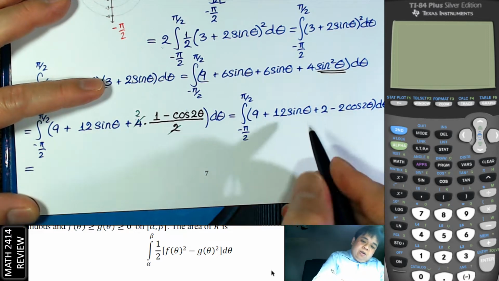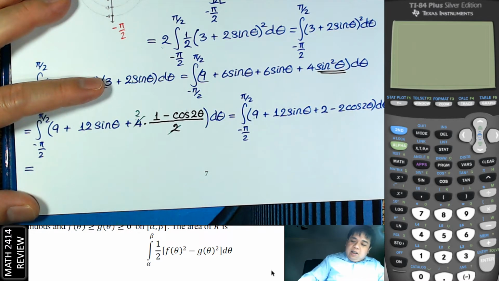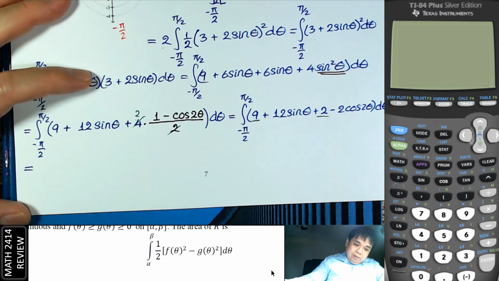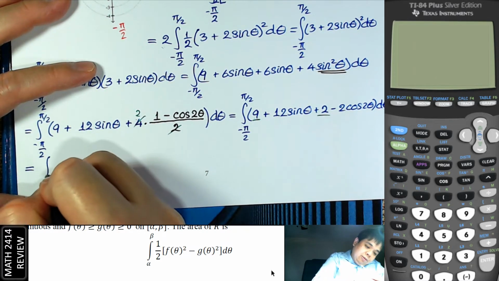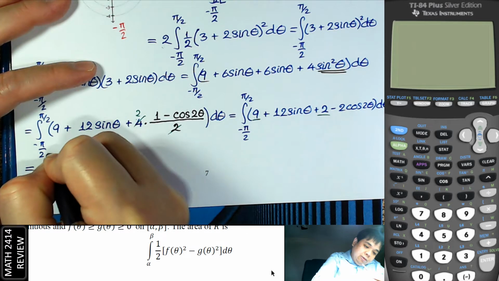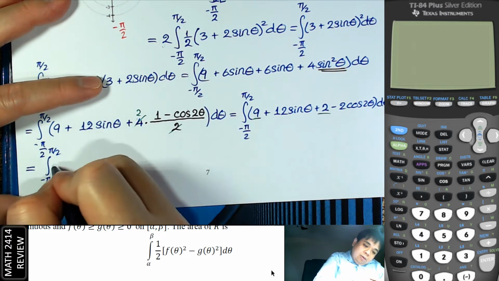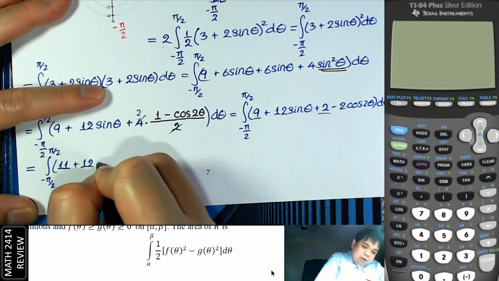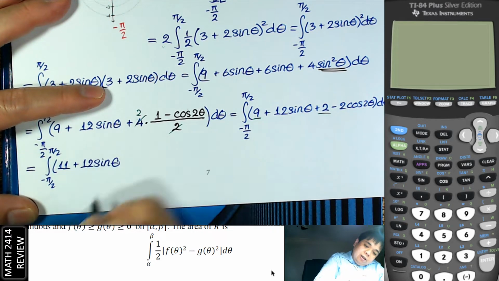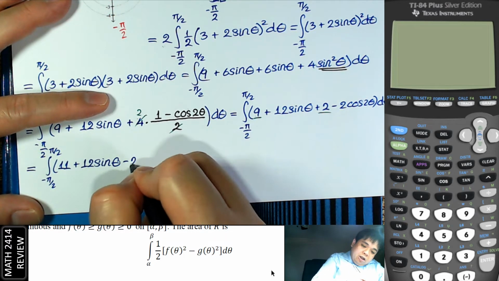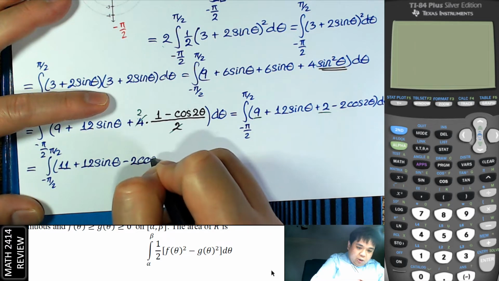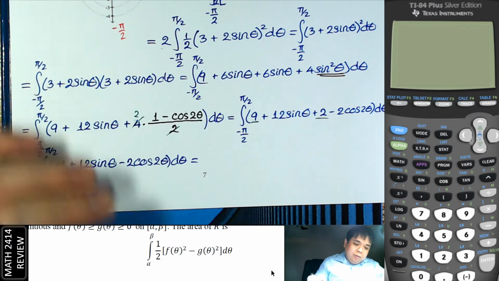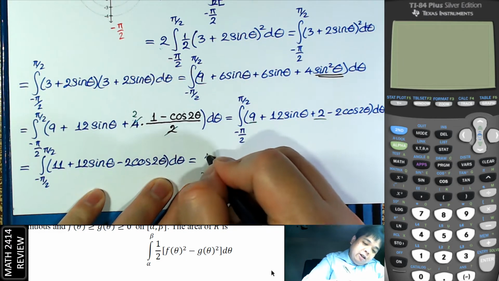Now the integral. 9 plus 2, that's 11, plus 12 sine theta minus 2 cosine 2 theta. Right, integral of 11 is 11 theta.